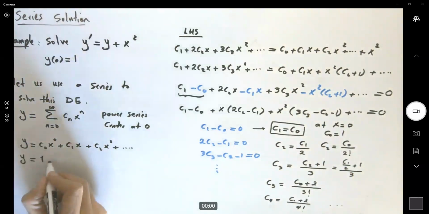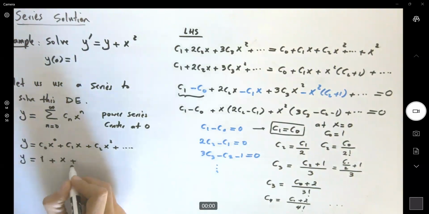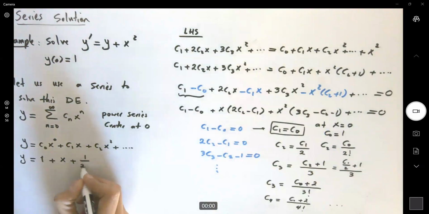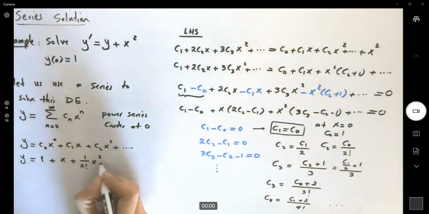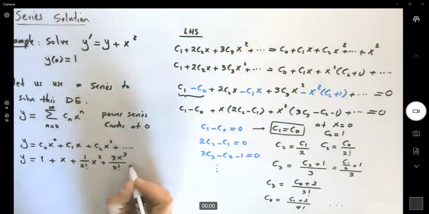So this is 1 plus 1 times x plus c sub 2 becomes 1 divided by 2 factorial x squared, plus we can continue this process, x to the third over 3 factorial, and the rest of the terms.